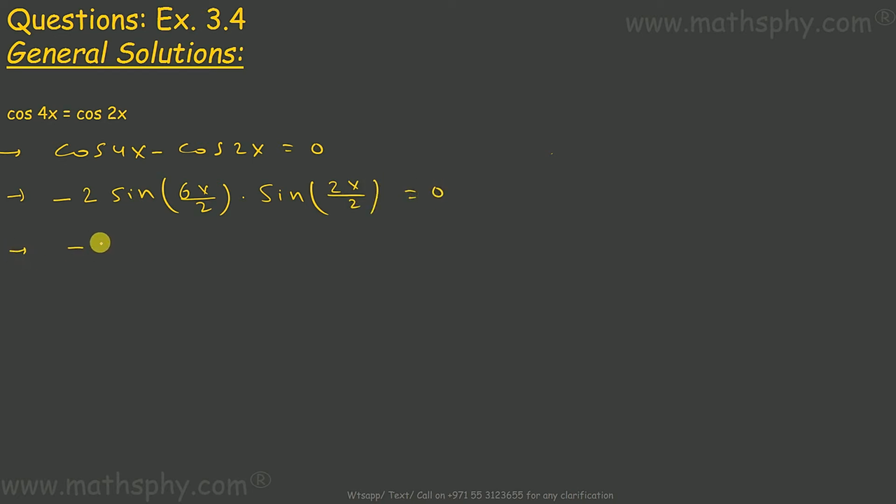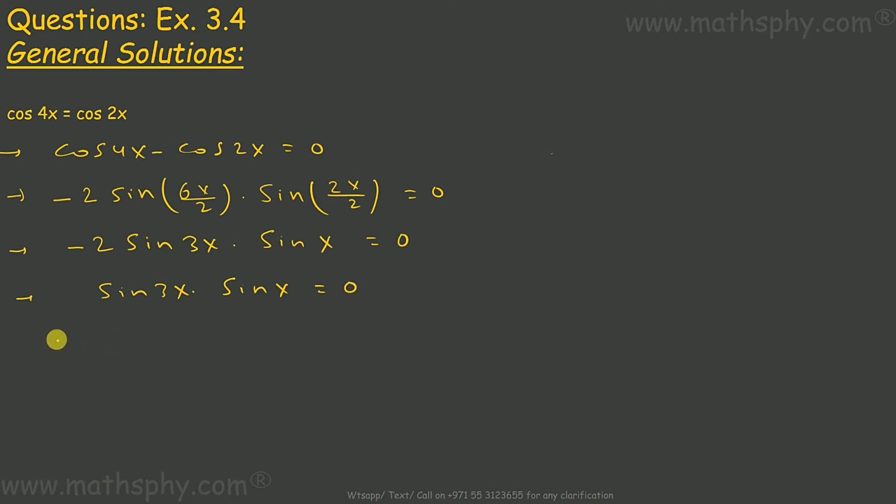This comes to minus 2 sine 3x into sine x equals 0. Let's take the negative to this side, so this comes to sine 3x into sine x equals 0.